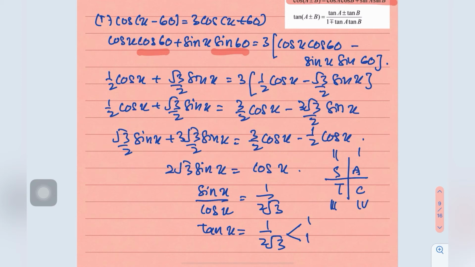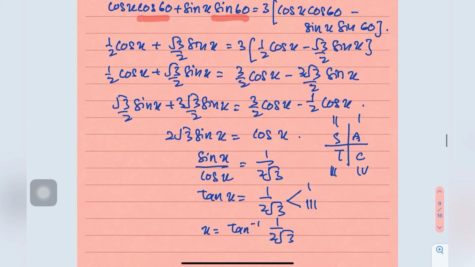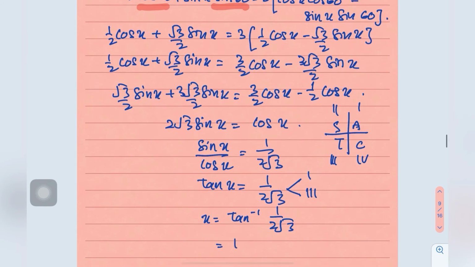Tangent is positive in quadrants 1 and 3. To find the basic angle, x equals shift tan of 1 over 2 root 3, which is 16.10. This one is in quadrant 1. The corresponding angle in quadrant 3 is 180 plus 16.10, which is 196.10.